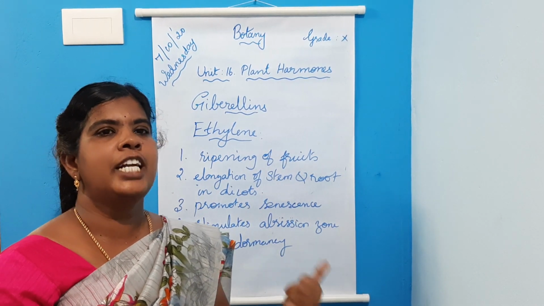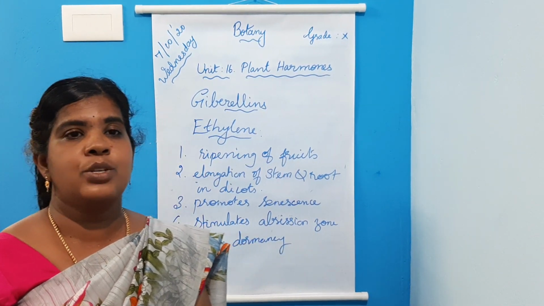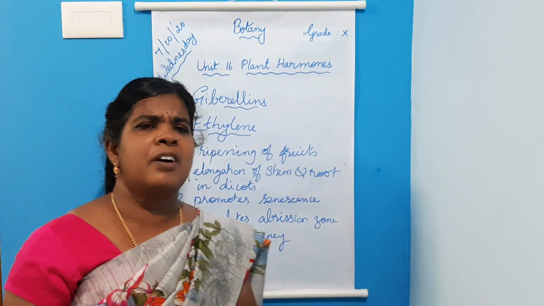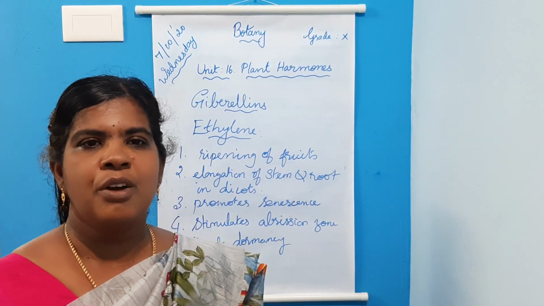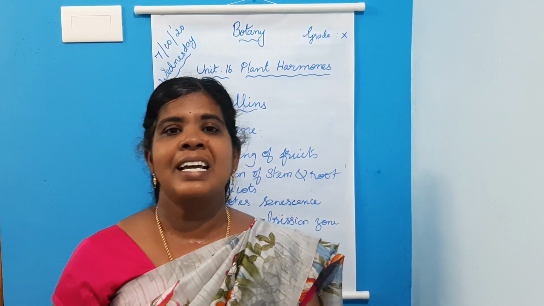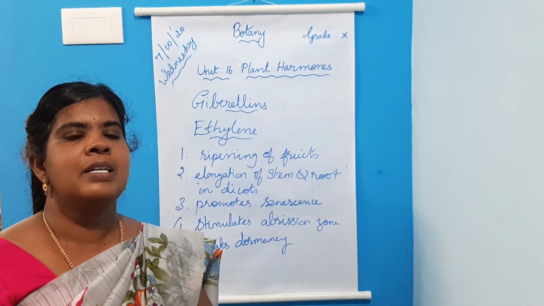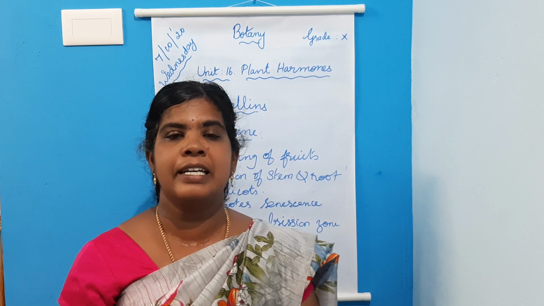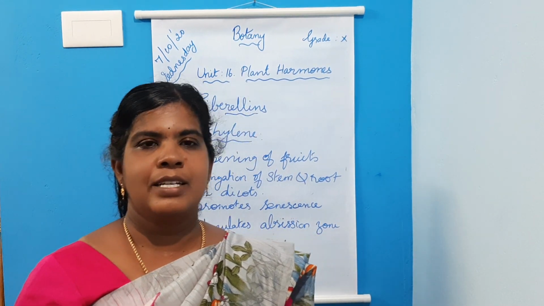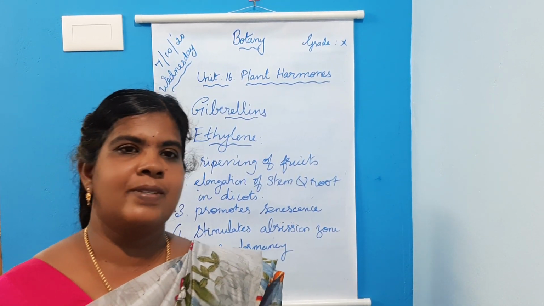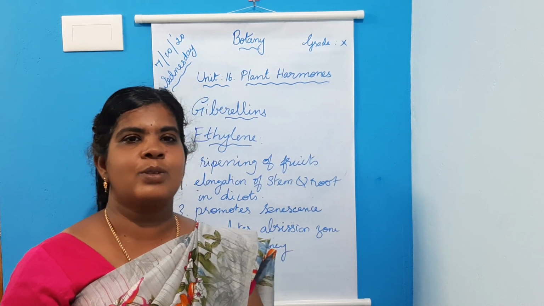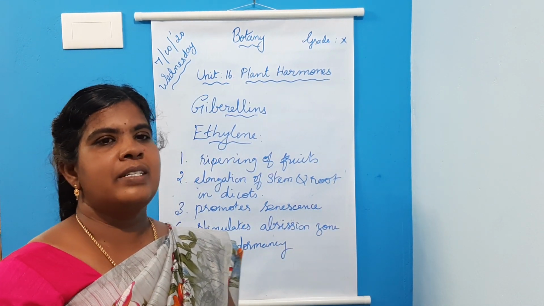Which hormone induces cell division? Cytokinin. What is called morphogenesis? Formation of new organs from the callus in plant tissue culture, that is morphogenesis. What is Richmond-Lang effect? Application of cytokinin delays the process of aging in plants, that is called Richmond-Lang effect, isn't it?